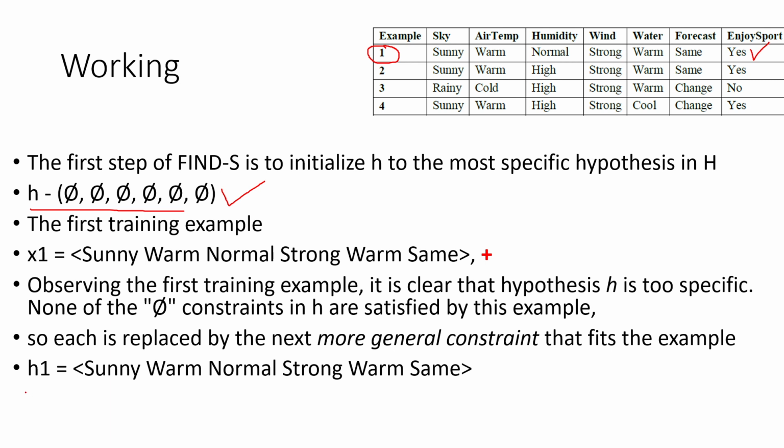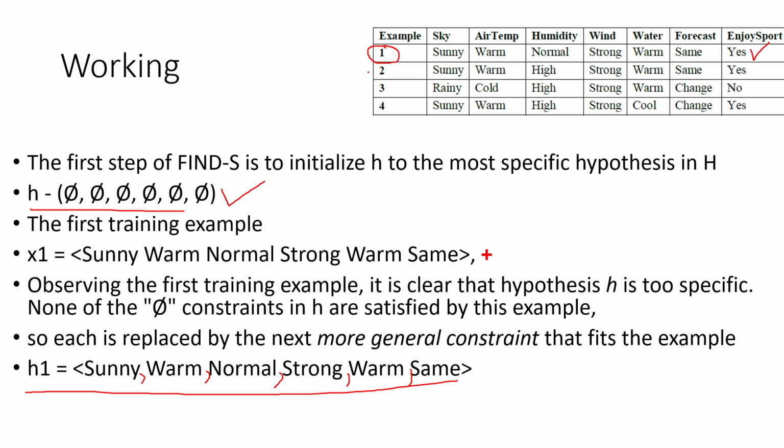That is, h1 now becomes sunny, warm, normal, strong, warm, same. There are 6 attributes. These values changed from the most specific to a slightly more general case.